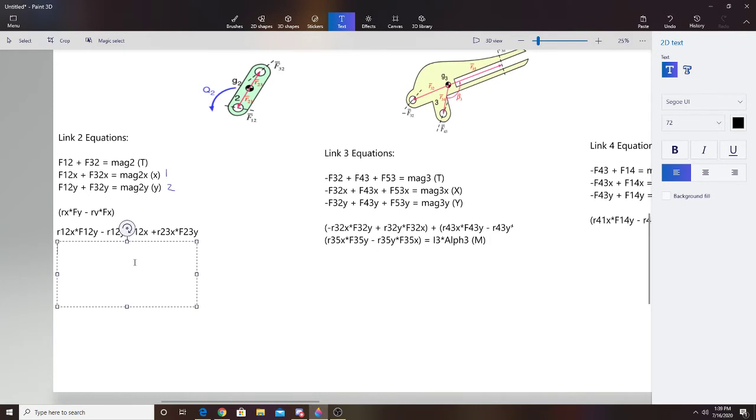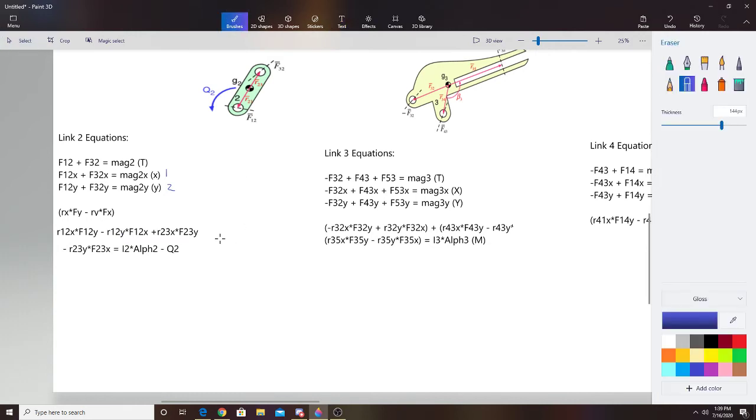All right, minus R23y times F23x. We're moving down a line. So we did the first one, then the next one, and then moving down. So this is I2 times alpha 2 minus Q2. All right, it works.